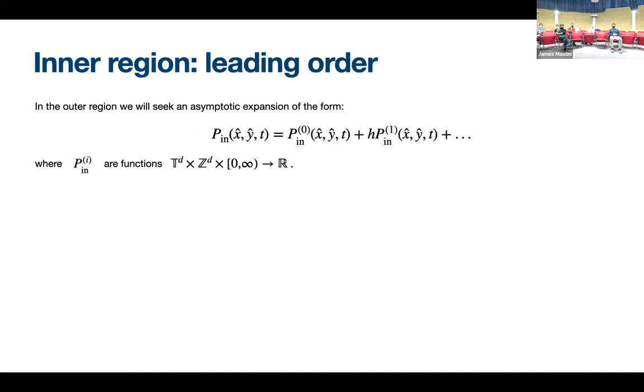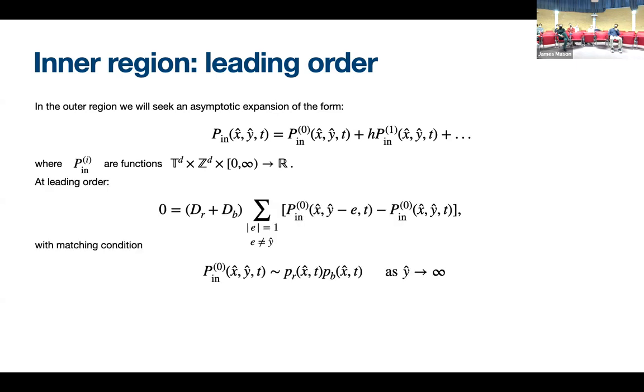Next, we substitute in an expansion for P in. Note that the first spatial coordinate in the inner region is continuous, like on the torus. But because we've rescaled, y is now discrete and lives in Z to the d. This is a feature of the fact that we're on a lattice.